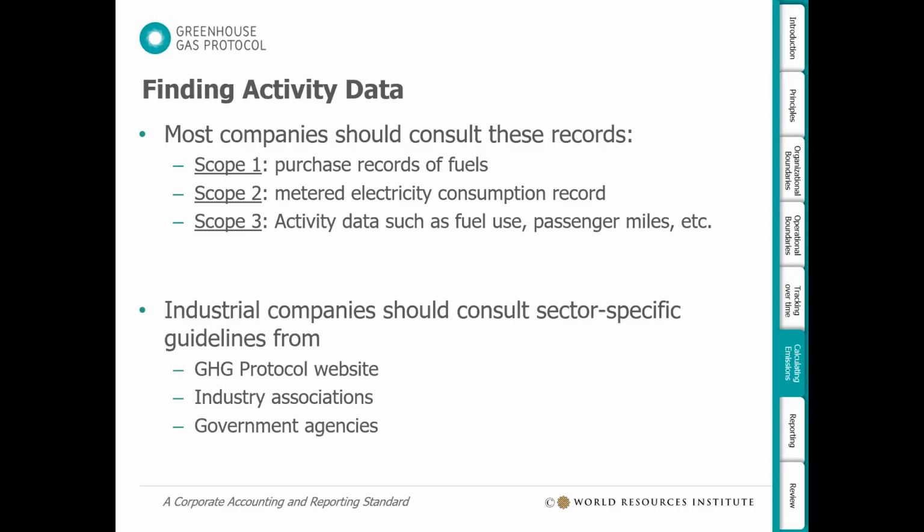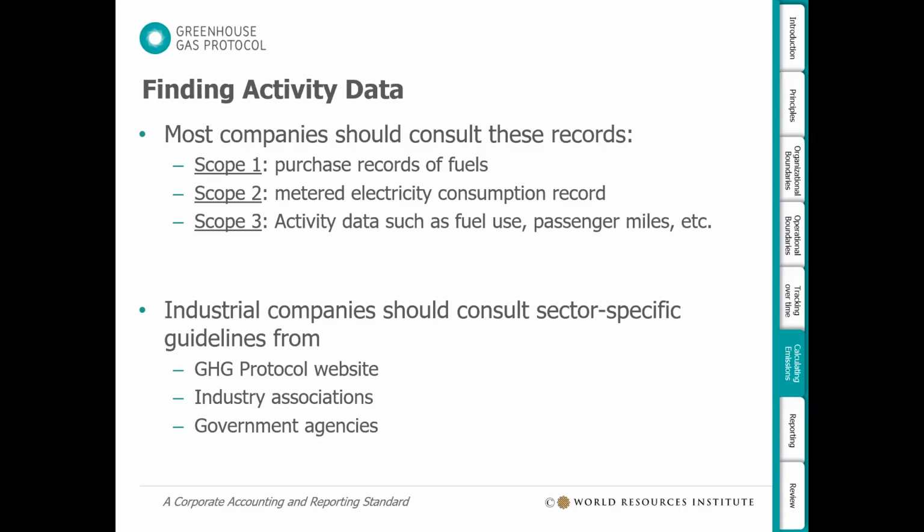Obviously, certain industrial sectors will have their own unique types of operations and sources, and companies in those sectors are recommended to consult sector-specific guidance to determine how they could collect the activity data for those operations.